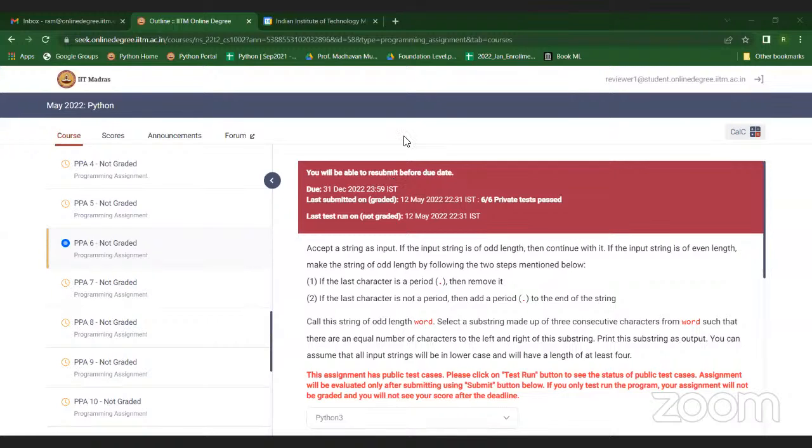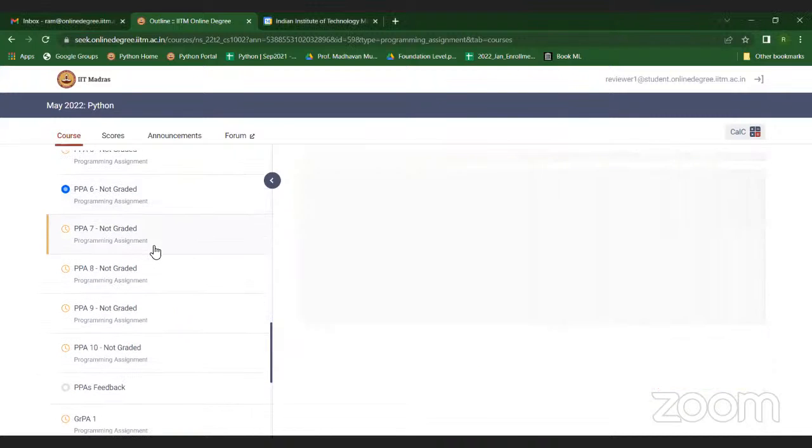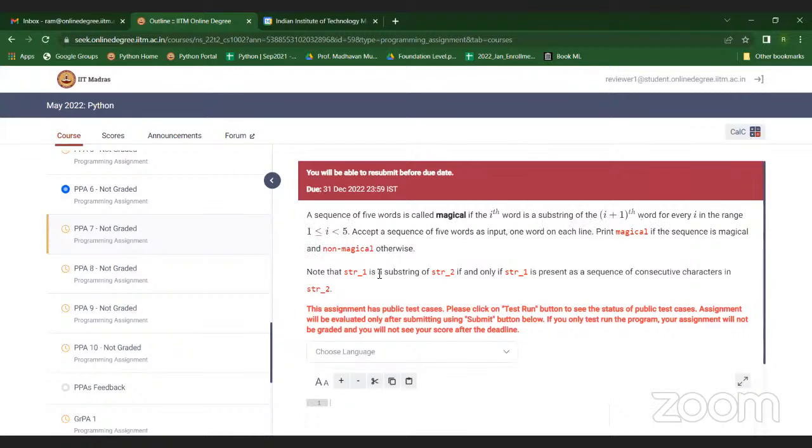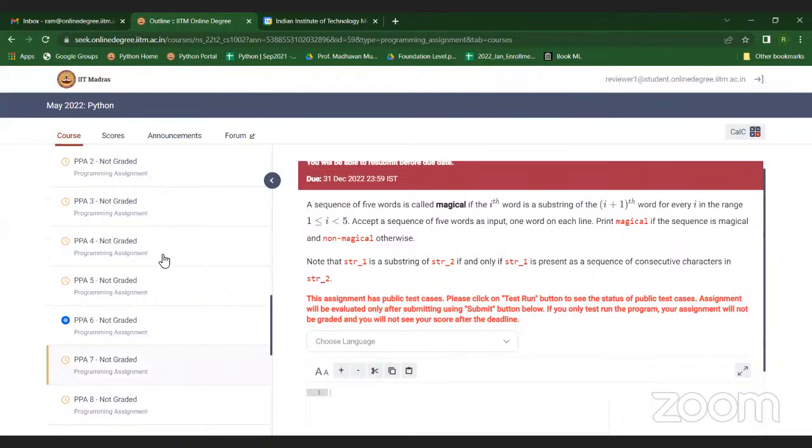So PPA 6 is completed, so I can move forward to PPA 7, right? Until PPA 6 it is done now. Correct. Okay. Now coming to this PPA 7. I hope by now all of you have looked at week 2 concepts, that is if else.